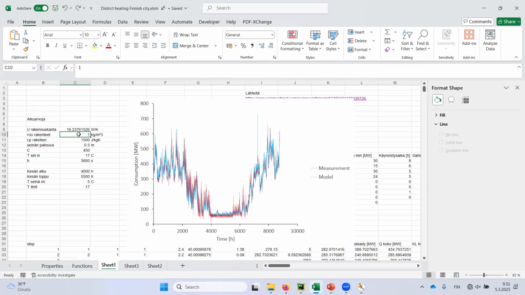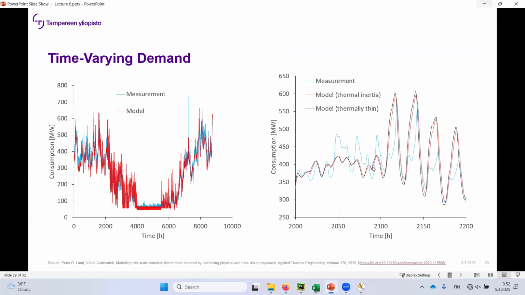So again, if you were to make more precise modeling, you have to take this dynamics into account, that there are going to be some heat storages. And you can see the black curve in here is the thermally thin model that doesn't take that into account. And the thermal inertia is being taken into account with the red one. And you can see it's between 2000 and 2200 hours.